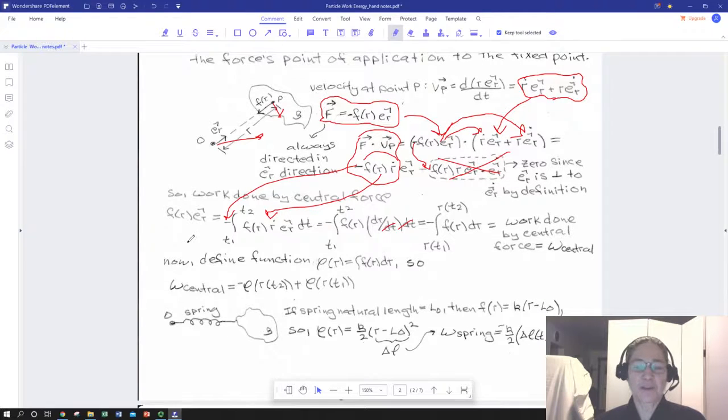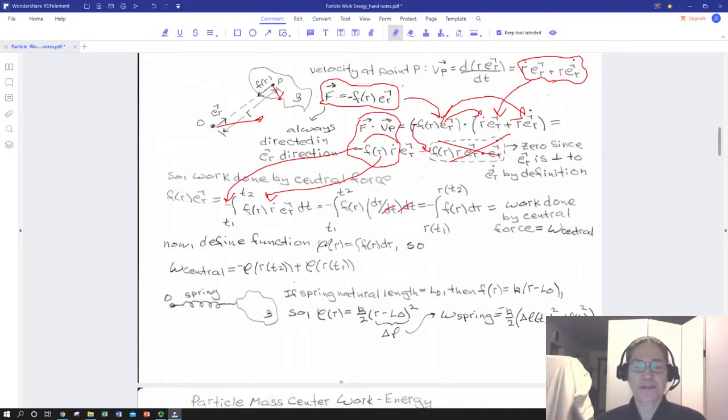To simplify a little more and to relate to spring function, we're going to define some Greek letter function of r as equal to this integral. So we'll just say, whatever this function is, we're going to integrate it and get something else. Then we can drop in our limits of integration.